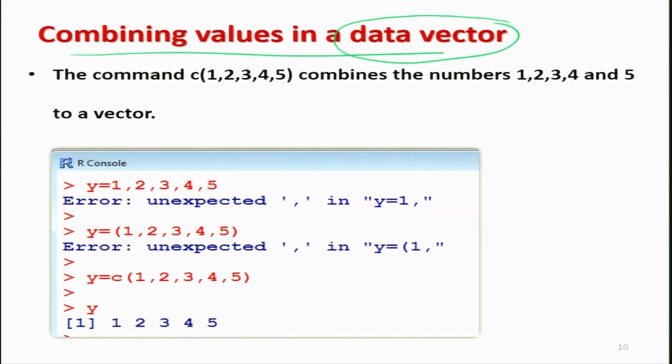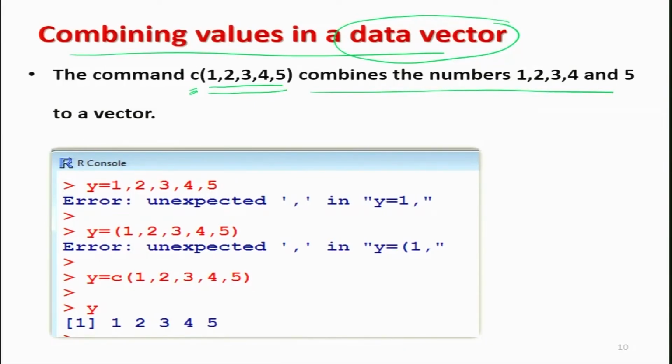For example, in case you want to combine 5 values 1, 2, 3, 4, 5, and you want to give it as an input in the R software, then the command is that you write small c, and then within the parenthesis you write down all the values. So, this will combine all the values 1, 2, 3, 4, 5.